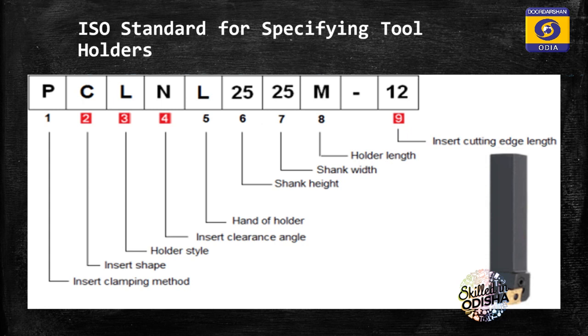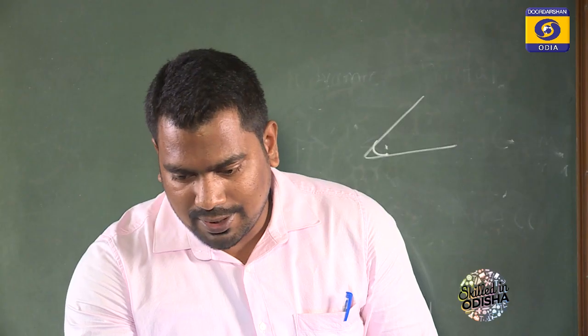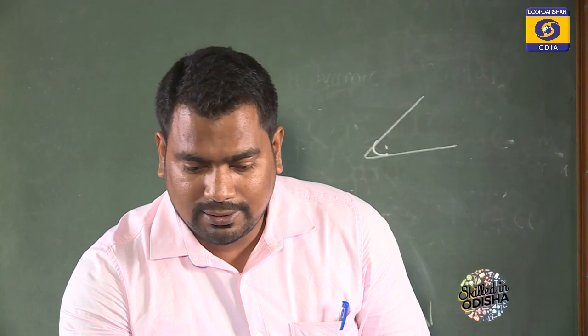The first letter implies the insert clamping method, the second the insert shape, the third the holder style, the fourth the insert clearance angle, the fifth the hand of the holder, meaning right hand or left hand holder, the sixth the shank height, the seventh the shank width, the eighth the holder length, and the ninth the insert cutting edge length.